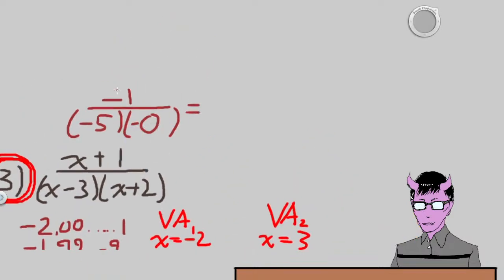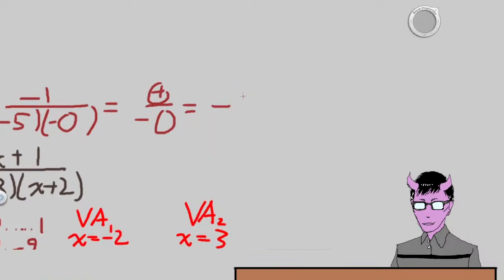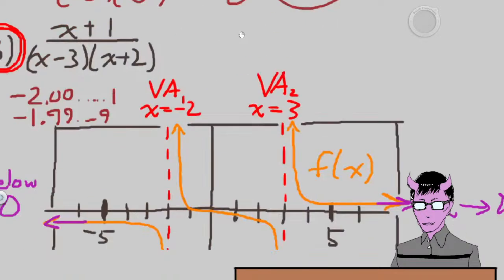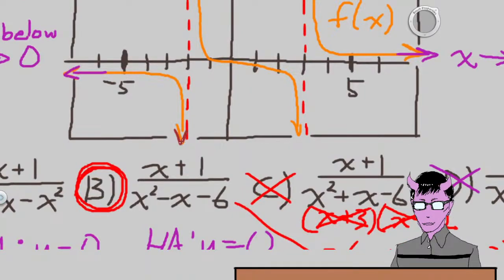These two signs cancel out, so we essentially have a positive value over a negative almost 0. So this is basically going to be negative infinity, which is in agreement because it explodes downwards forever.